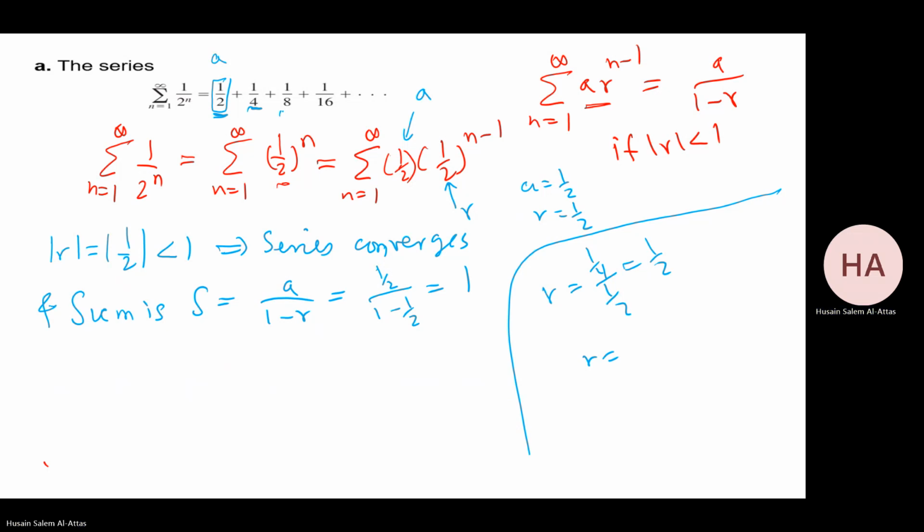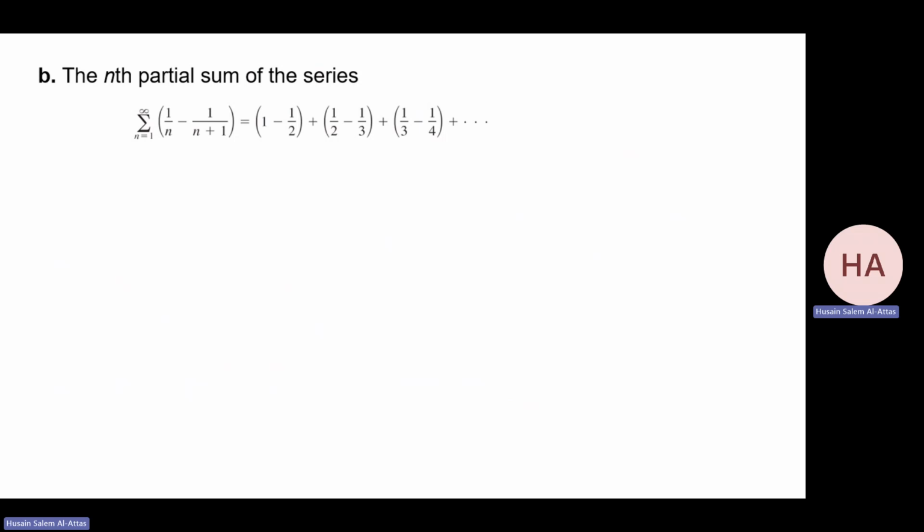And this over this, 1 over 8 over 1 over 4, should be the same, half. And so on. So for sure, r is half. So I know A equals half, the first term, and r equals half. Then I apply the same formula, which is clear. This is for the geometric series.